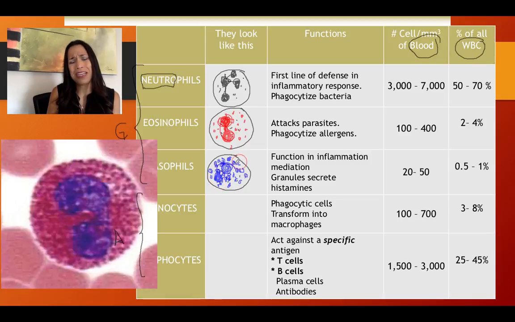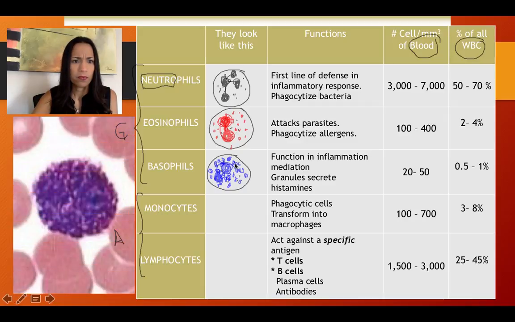So it's something like that. That's your basophil. Look at the cytoplasm filled with those blue granules, and we can barely see the nucleus.